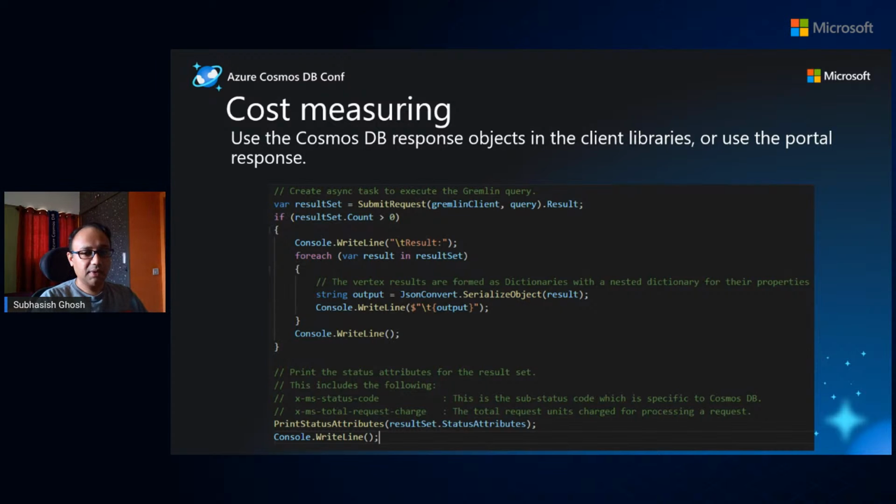Then g.V with just an identifier fetches a vertex that has a specific ID. Not a very efficient thing because it's not possible to uniquely identify a logical partition by the vertex ID only. But g.V with the ID given the partition key is a good way of writing a query.